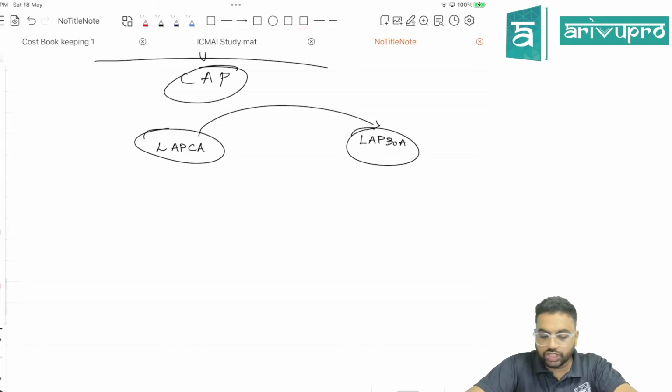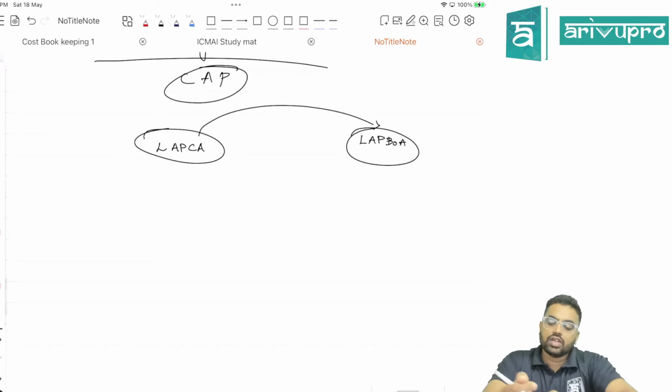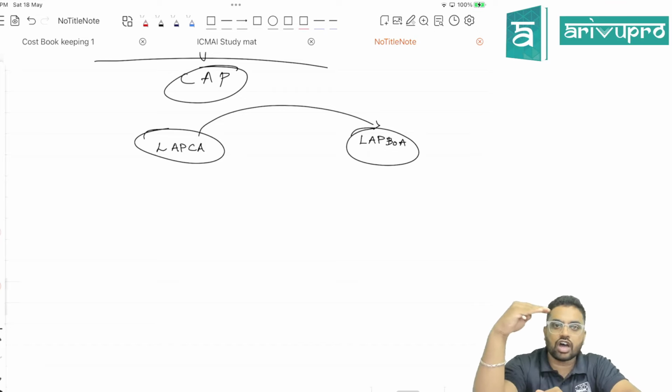So what should you do? Very simple. Certain expenditure we considered only in costing. Does it increase the loss or decrease the loss? Of course it increased the loss, because that expense is not recorded in the financial accounts. So their loss is normal only.